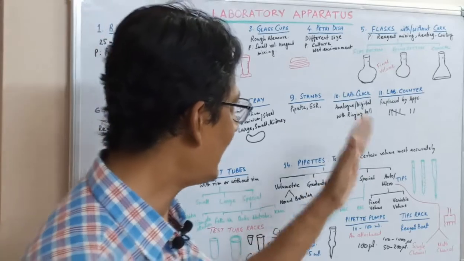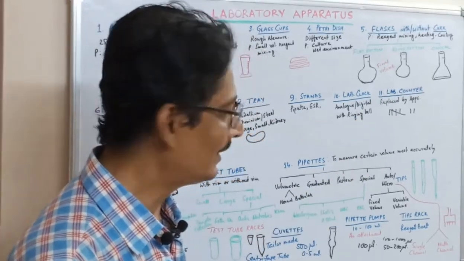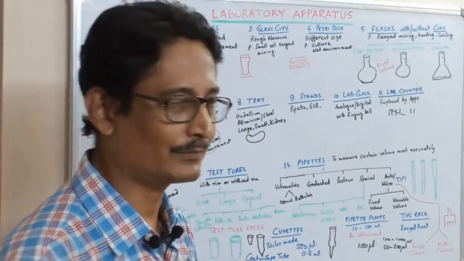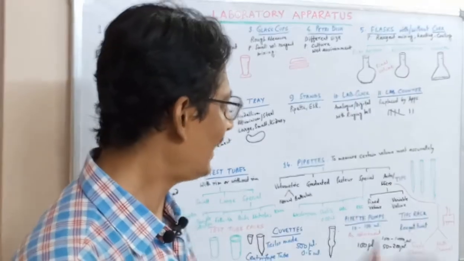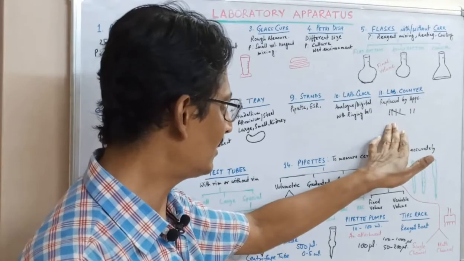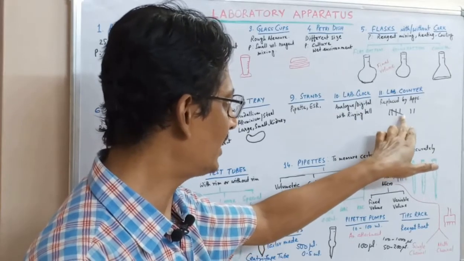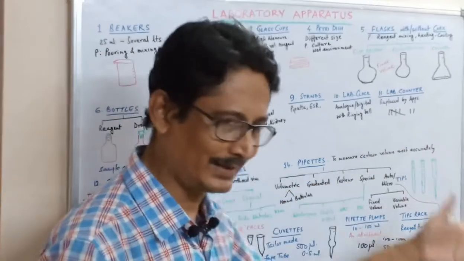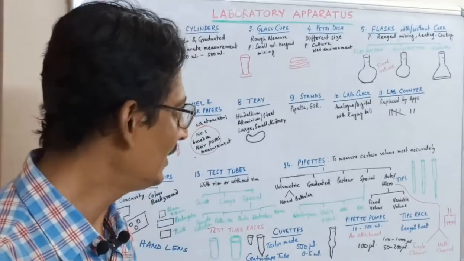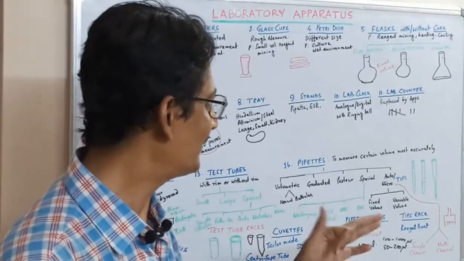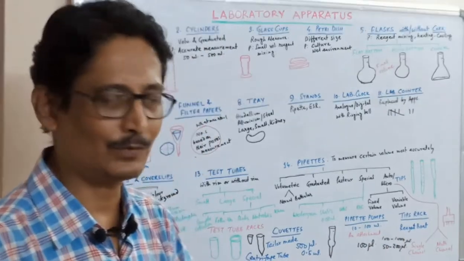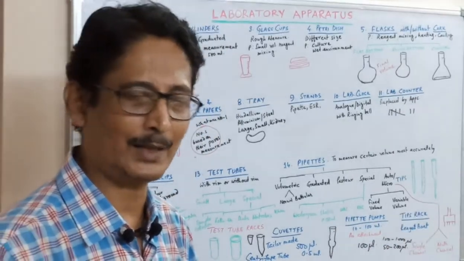Next, the lab counter, the laboratory counter, for counting different types of cells. Earlier we counted manually, like 1, 2, 3, 4, 5, 6, 7. After that there came the lab counter, which has a typewriter-like appearance.